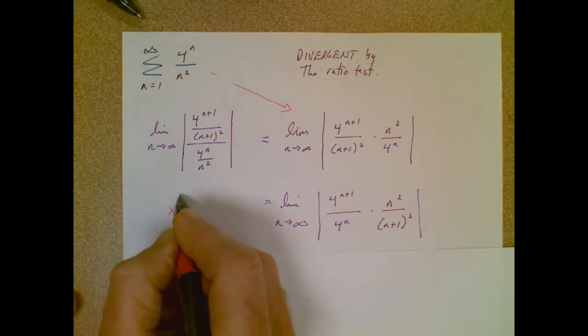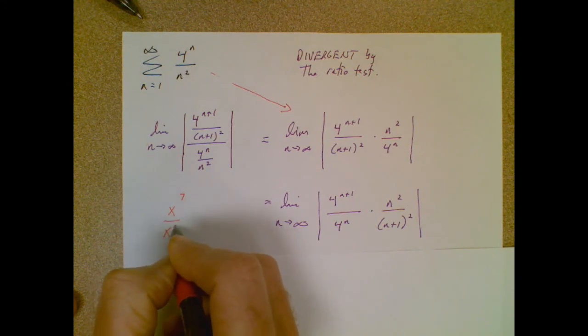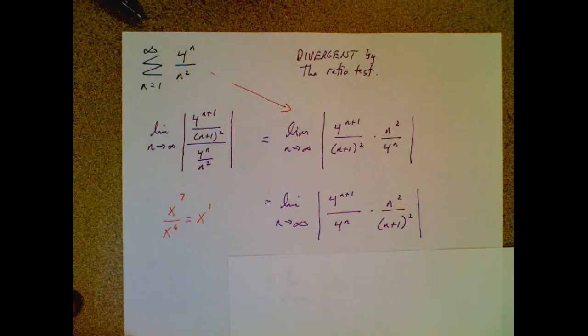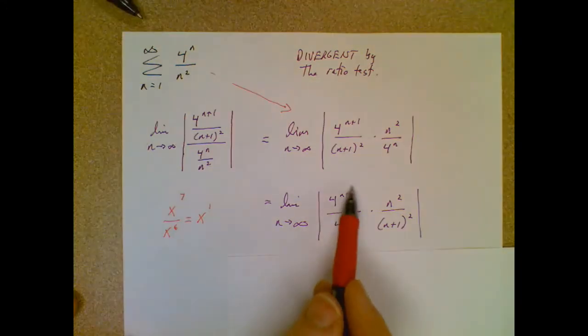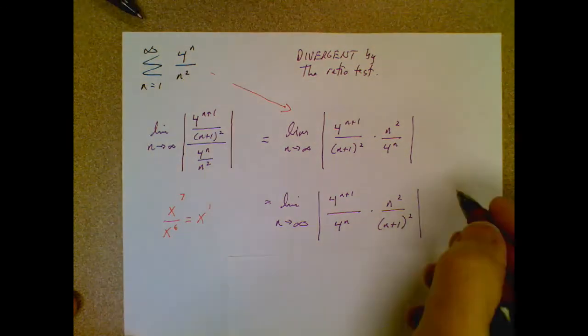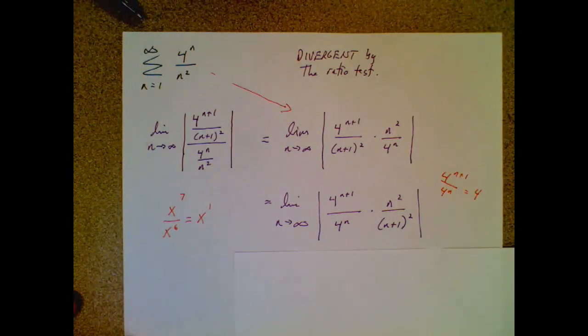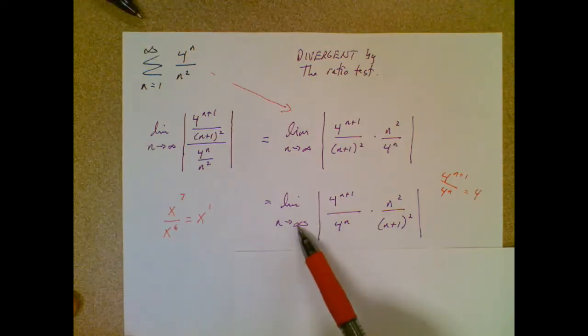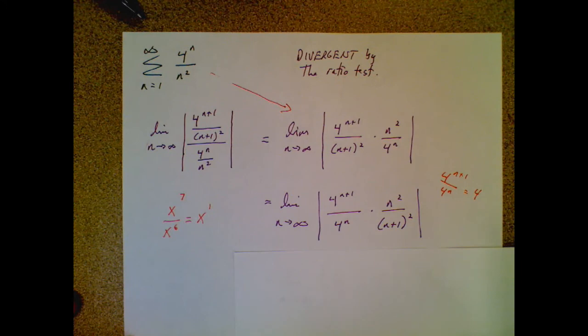If you had x to the 7th over x to the 6th, you know by algebra rules, that's x to the first power. So this can be reduced to be 4 to the first power. There it is. And limit as n approaches infinity of 4 is just going to be a stubborn old 4.